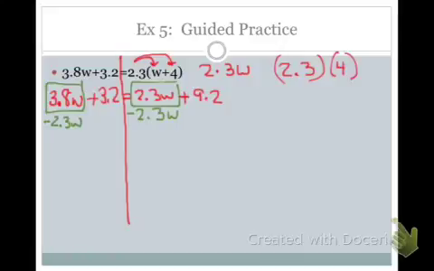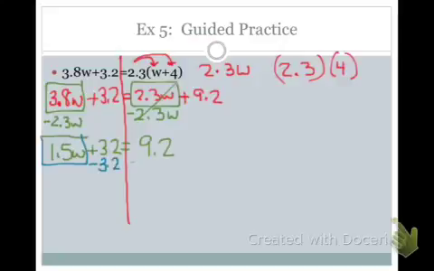And remember, as we combine 3.8, we're going to subtract 2.3, we're going to line up our decimals, and we get 1.5w. Building off from there, on the right-hand side, those w's canceled. All I have left is 9.2. So now we're going to rebox our variable term. We're going to move our constant term away from the variable. So because it's a positive 3.2, we're going to subtract 3.2.